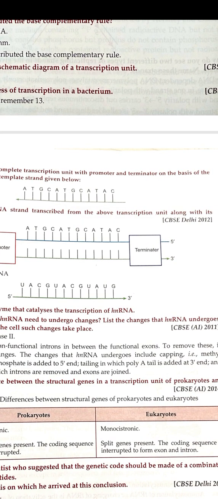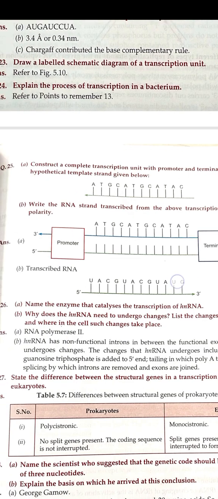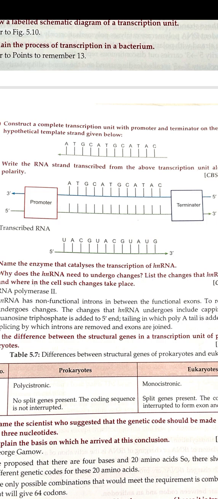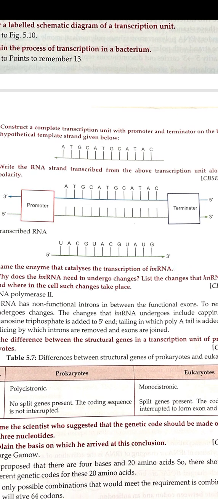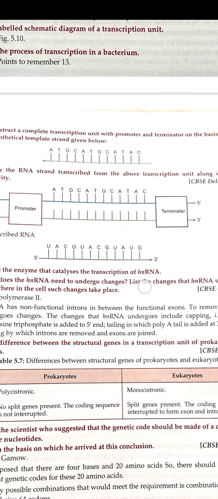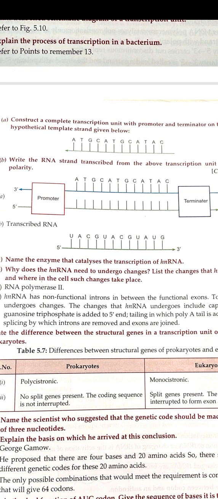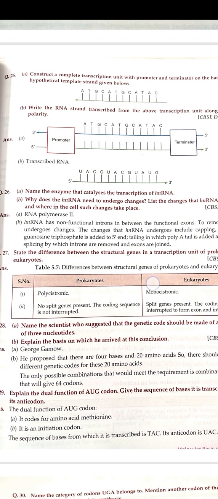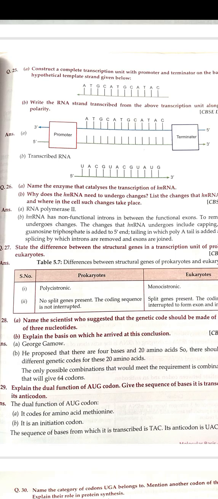This question was asked in CBSE Delhi exam 2012. So here the answer A is 3' to 5' ATGC ATGC ATAC, and the promoter and terminator are shown in the figure, and answer B is the transcribed RNA 5' to 3' UACGUACGUAUG.